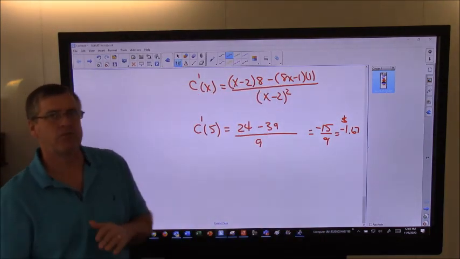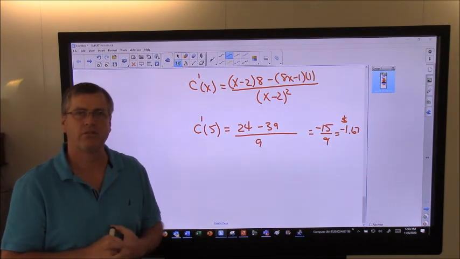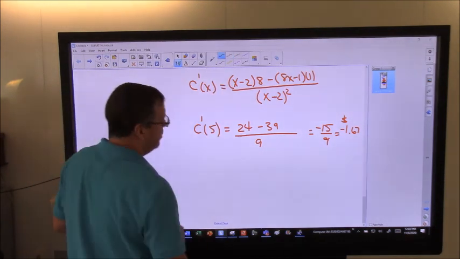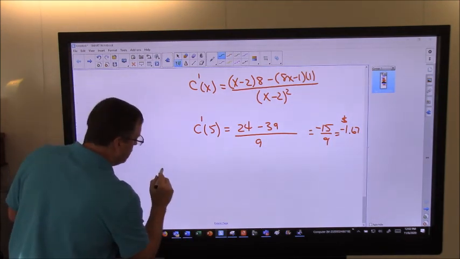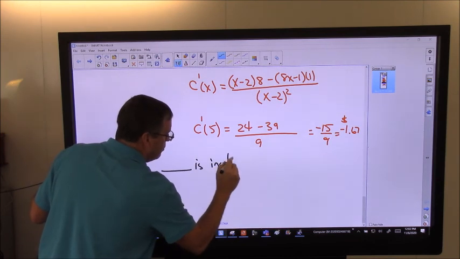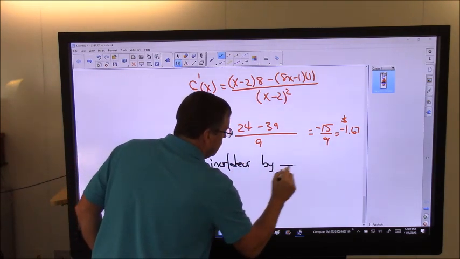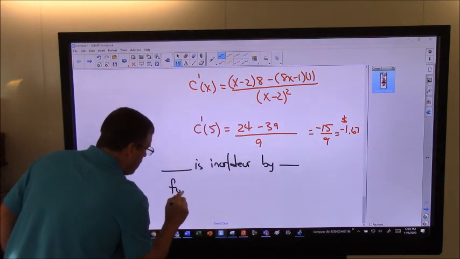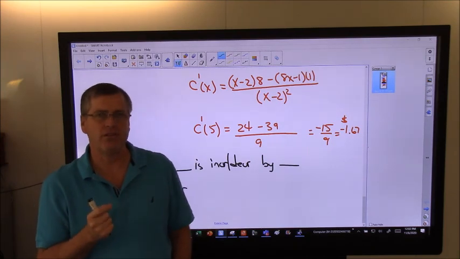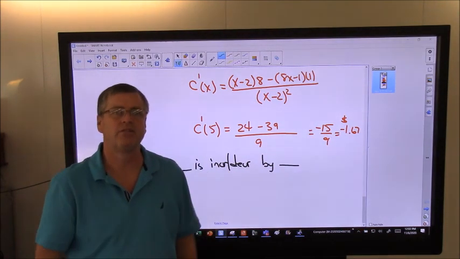And a lot of times we'll get asked to interpret what that answer means. And so let me remind you of something that we've talked about before. Whenever we have to interpret a slope, something is increasing or decreasing by a certain amount for, and I have to change things a little bit here because last year we said for each additional whatever.